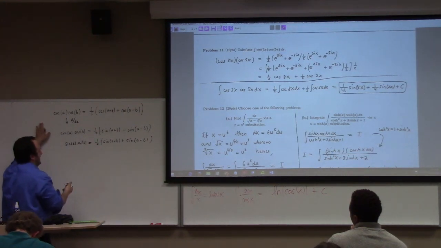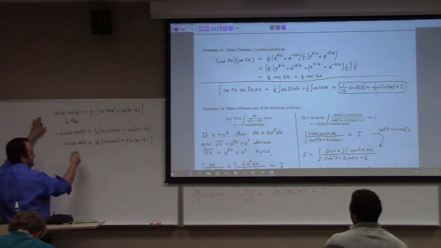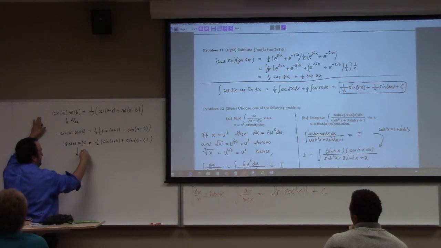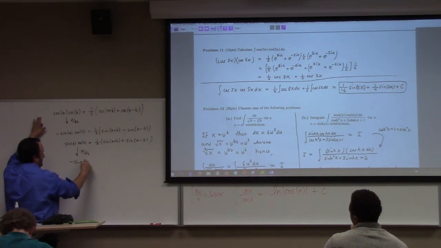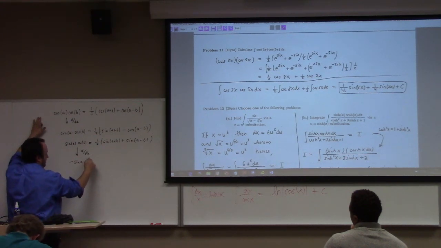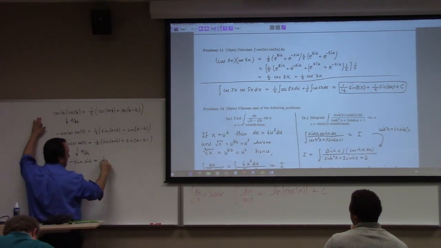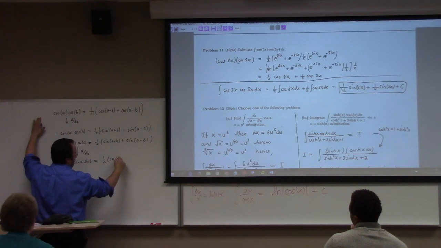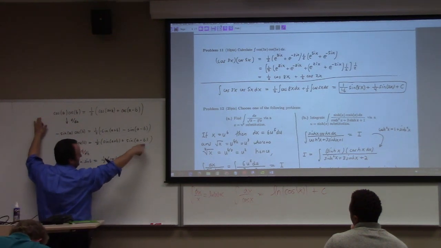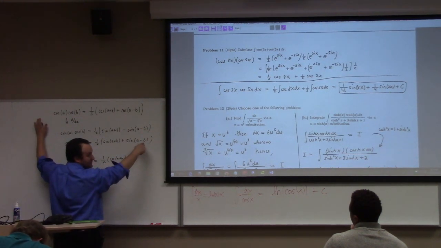And what if you wanted the sine-sine identity? Why don't you just take this and differentiate with respect to b. When I differentiate with respect to b, I get a minus from the chain rule.